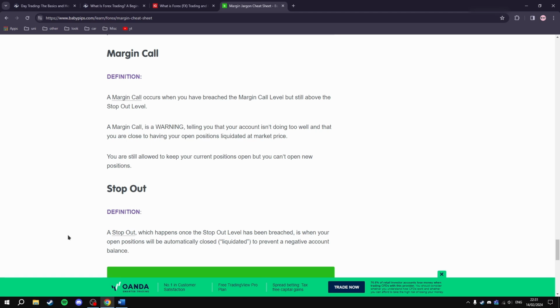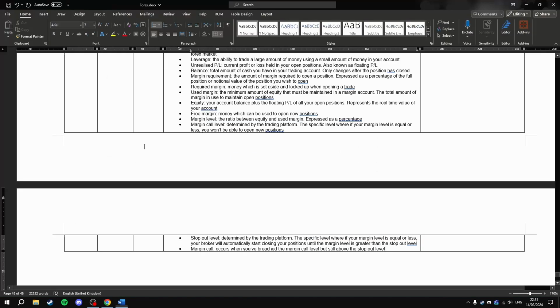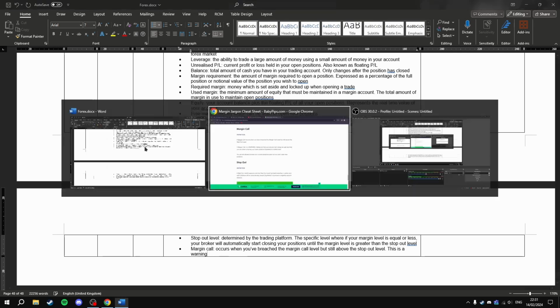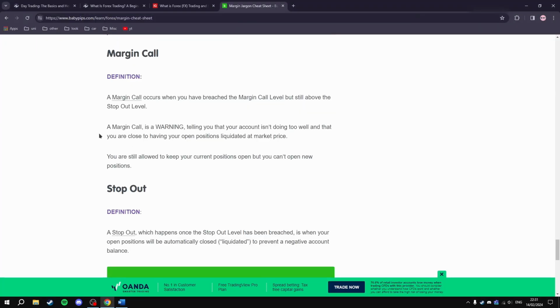A margin call is a warning. This is a warning telling you that your account isn't doing too well and that you are close to having your open positions liquidated at market price. You are still allowed to keep your current positions open, but you can't open new positions.